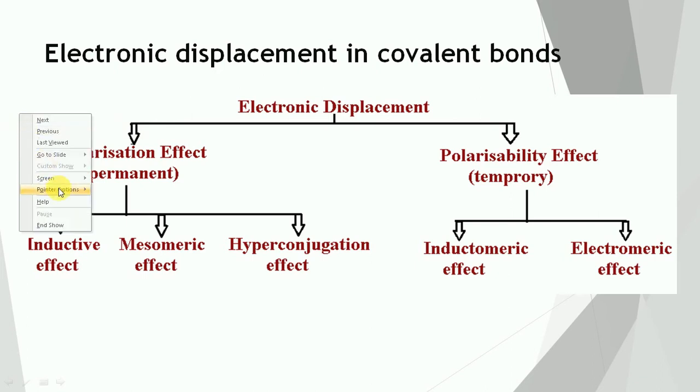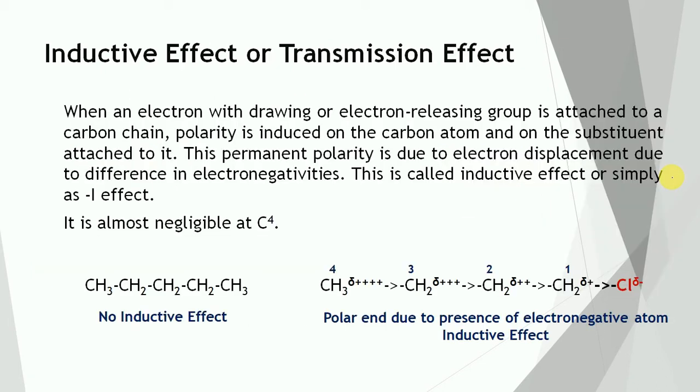The polarization effect is further divided into three parts: inductive effect, mesomeric effect, and hyperconjugation effect. And the polarizability effect, which is temporary, is further divided into two parts: inductomeric effect and electromeric effect.